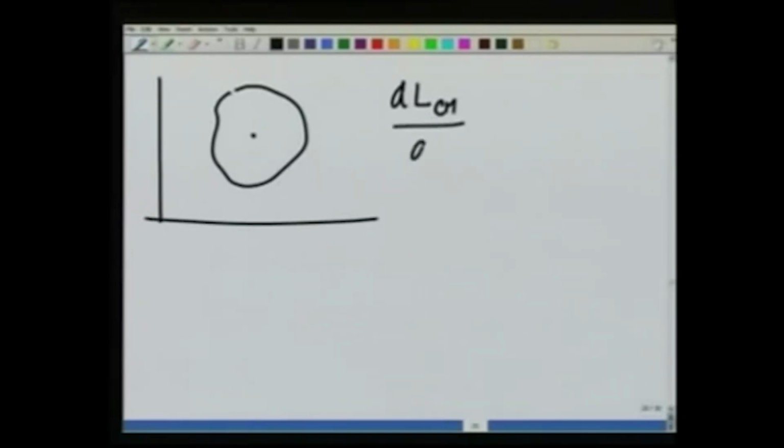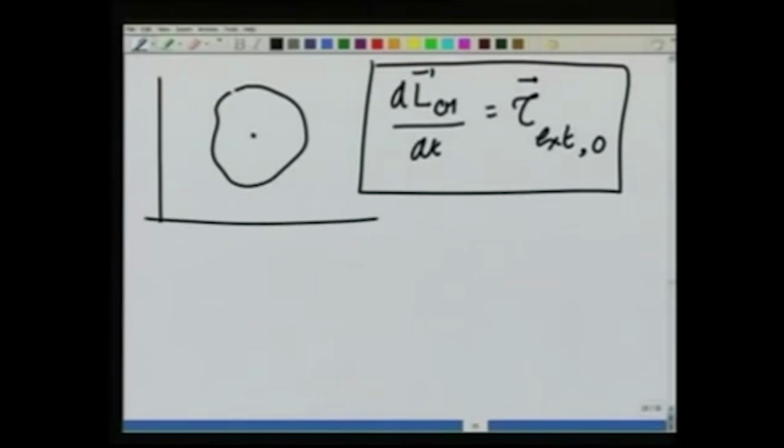We will take a few examples using this equation. So what we have learned in general, and so far I am restricting myself to only that motion in which the axis moves parallel to itself, is that dL about CM/dt is equal to tau external only, no other forces need to be taken into account, no pseudo forces or anything can be applied safely, and the motion of the center of mass itself is given by dP_CM/dt is equal to F external.